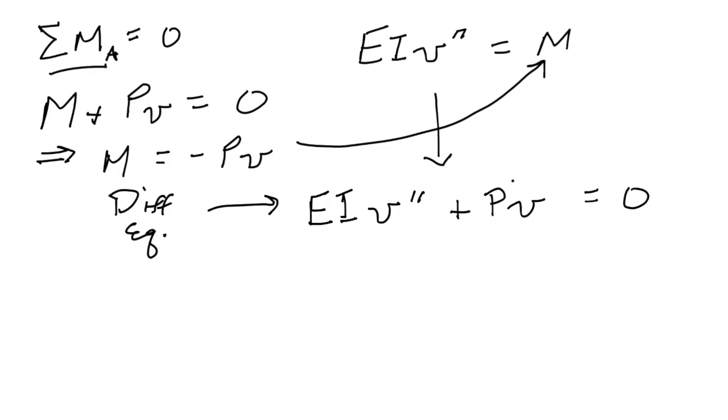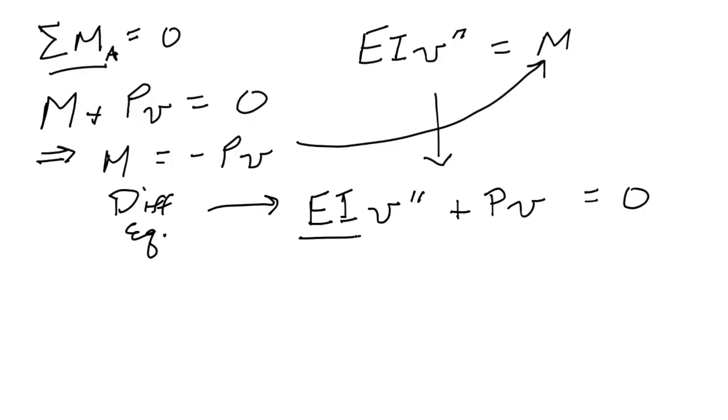If you've had any of your undergraduate differential equation courses yet, you should recognize this as the very first equation that you probably studied. And so we want to solve for v such that we understand something about the applied loads that produce solutions to this equation.